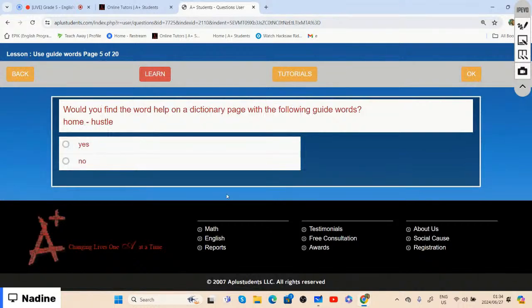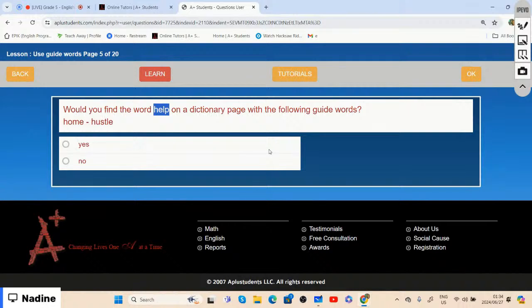All right. Would we find the word help between the words home and hustle? So would we find the word help on the same page as home and hustle?